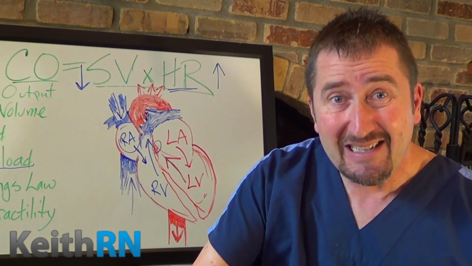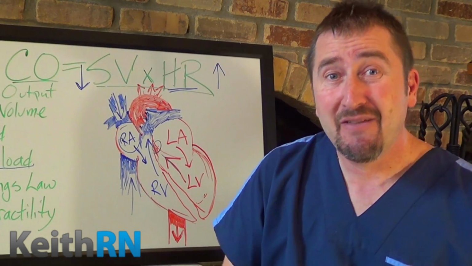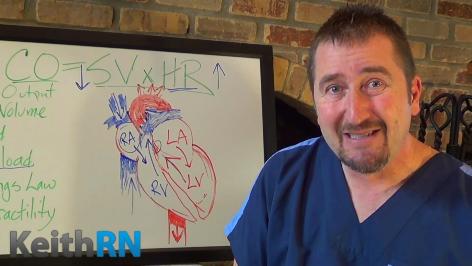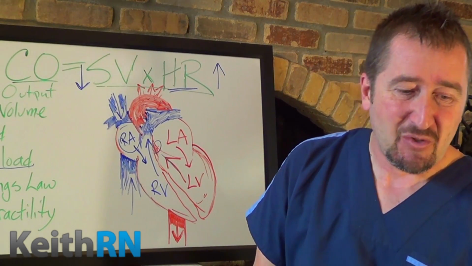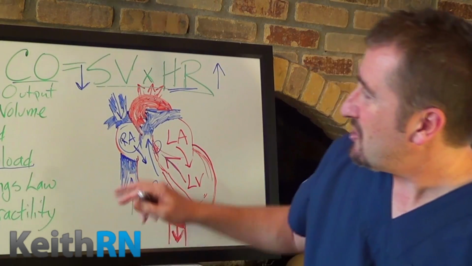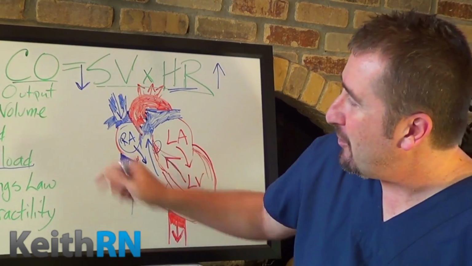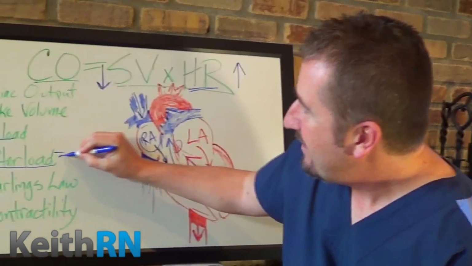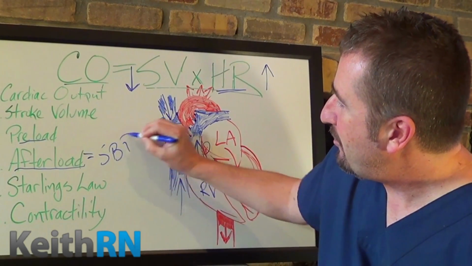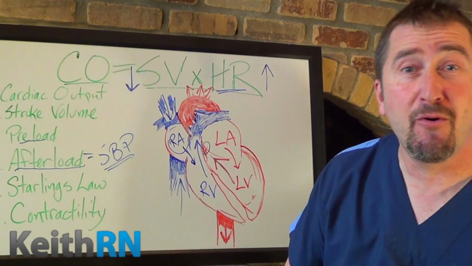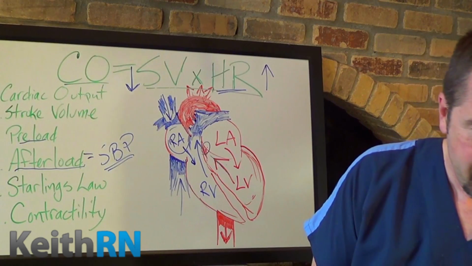Usually that can be Lasix intravenous, as well as even nitroglycerin to diminish preload. So that's essentially the essence of afterload. Afterload equals systolic blood pressure. That's very important for the nurse to remember.